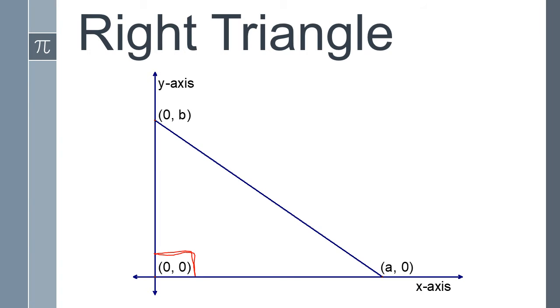A is the length on the x-axis, B is the length on the y-axis, the y value. We can do all of our work using algebra to prove geometry, using any right triangle work we want to do with this type of coordinate proof.